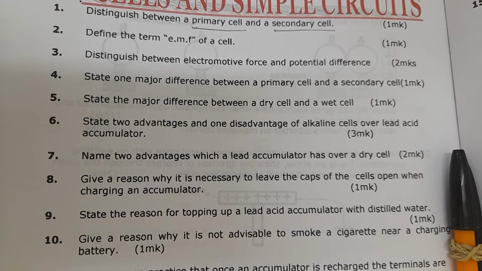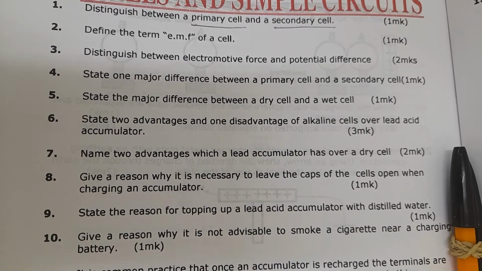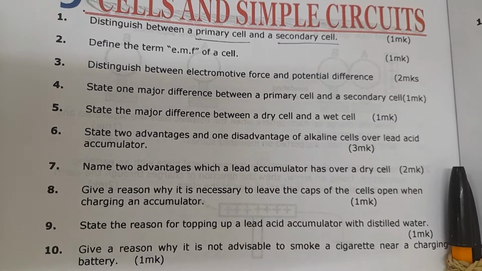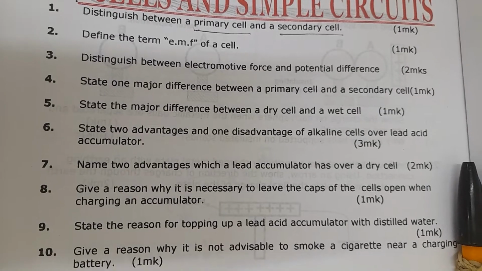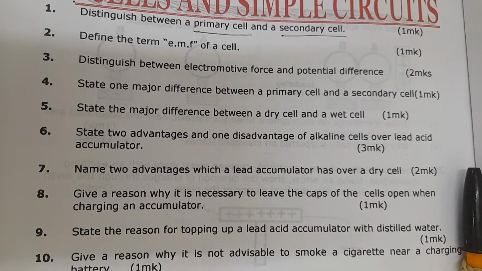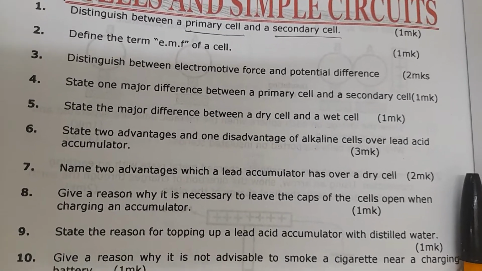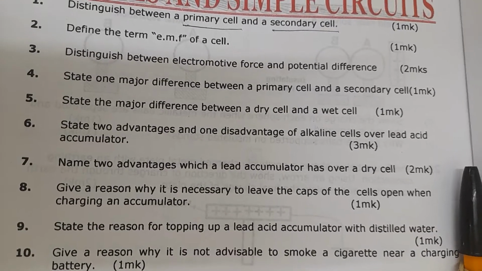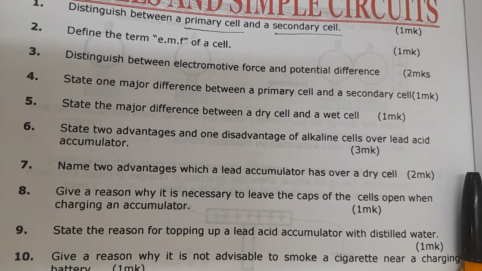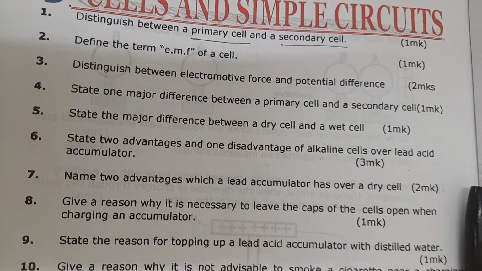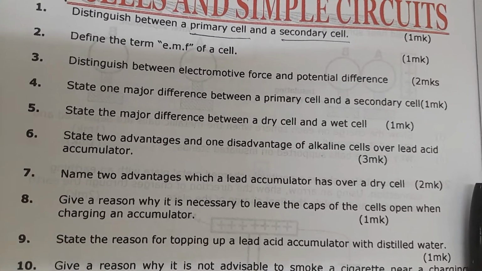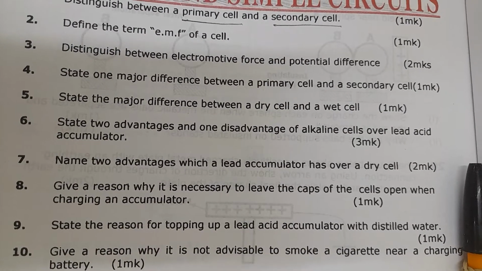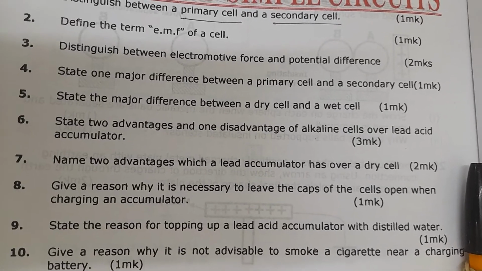Even the way the question has been framed would make you answer it. A dry cell does not have a liquid electrolyte, while a wet cell uses a liquid electrolyte. It is the electrolyte that actually determines whether a cell is dry or wet.